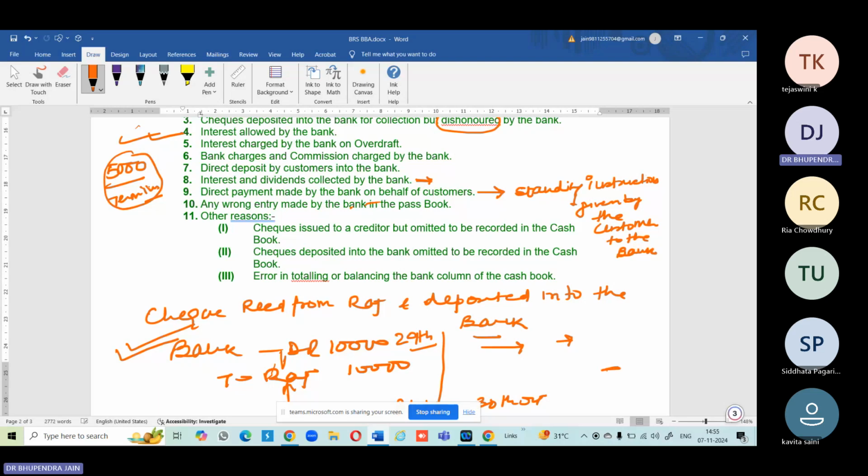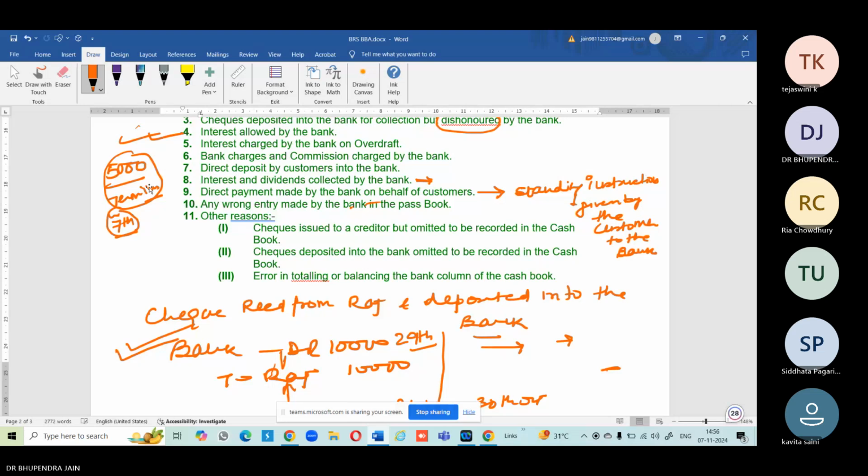I have given instruction to the bank that on the 7th or up to the 7th, you pay my electricity bill from my account. So this is the direct payment made by the bank on behalf of the customer.